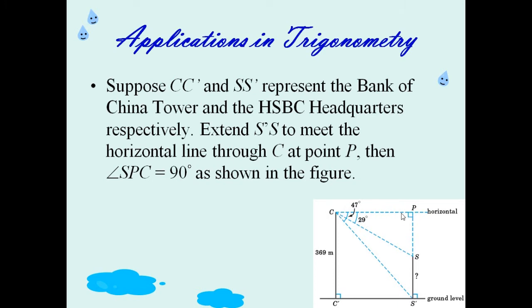But CP is just the opposite side of this rectangle, so CP is just the length of this one. And this length you can find using this right angle triangle with the 47 degrees here, which is an alternate angle, and find out this line. After you find this one, you can find out PS. After getting PS, you use the height of the Bank of China Tower minus this height.